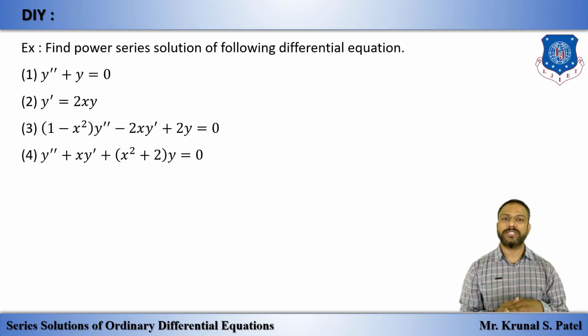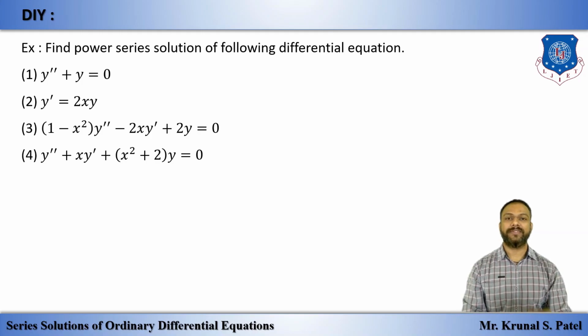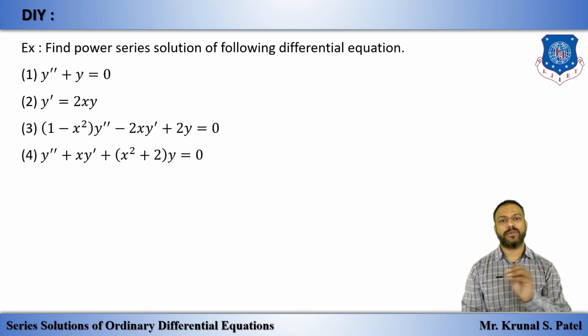Seventh, equate to 0 the coefficients of various powers of x, and then we get the recurrence relation. In that recurrence relation we put the value of n, starting from where we stopped in the collecting step. We get the values of a2, a3, a4 in terms of a0 and a1, put all these values in the trial solution, and get the final power series solution.